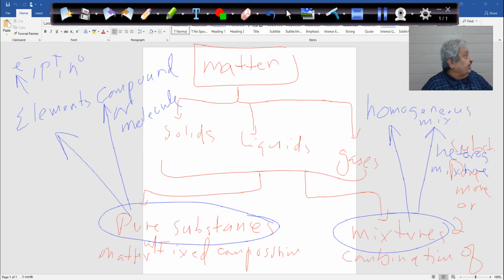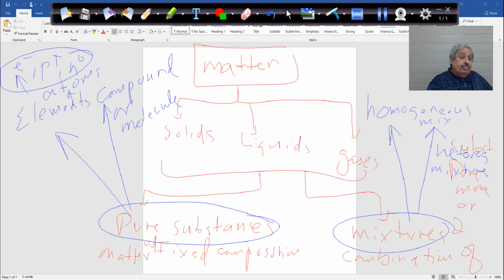So the elements are made of the small tiny units called atoms. Those atoms cannot be broken by chemical means. They can be broken by nuclear means, by nuclear reaction, but not by chemical reaction, correct? And the atoms are made of electrons, protons, and neutrons.